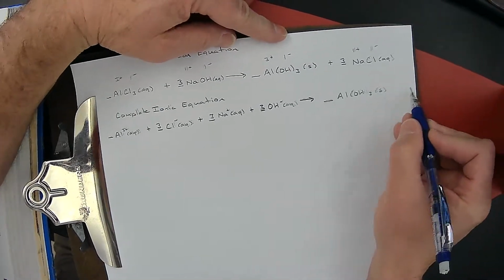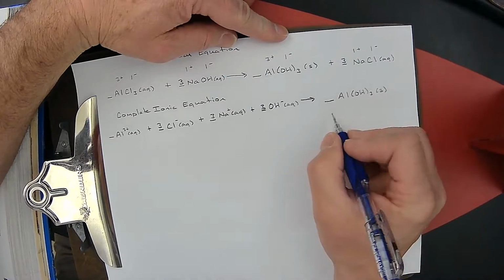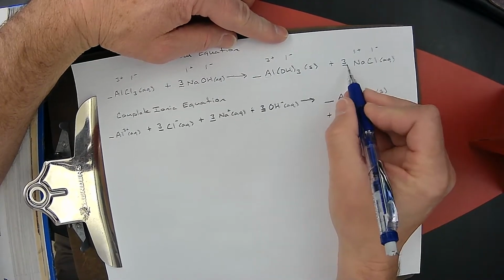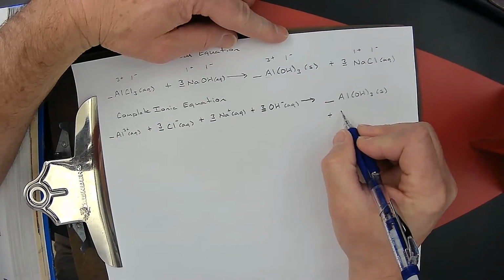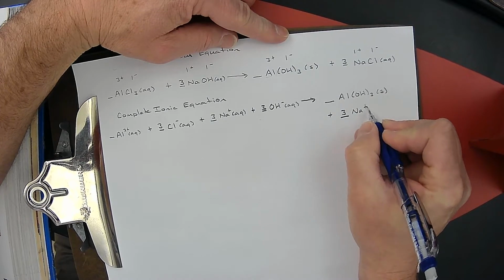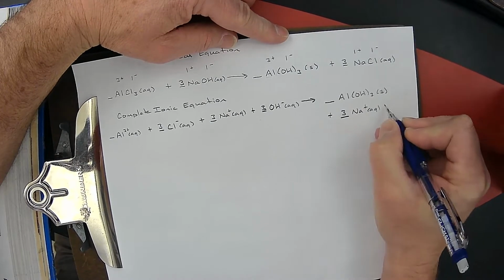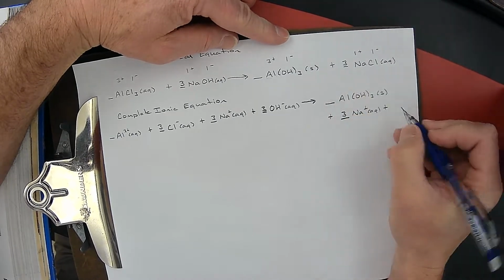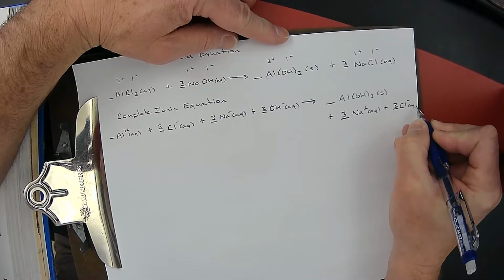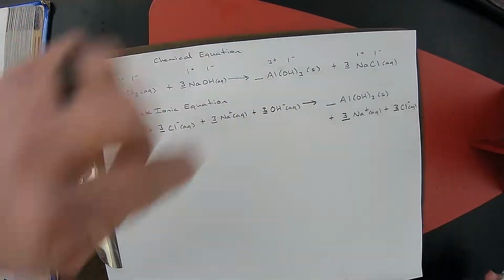And then once again, I don't have enough room, just like my previous example, so I'll just put it underneath. I get 3 Na pluses that are in the aqueous solution and 3 Cl minuses that are also in the aqueous solution.